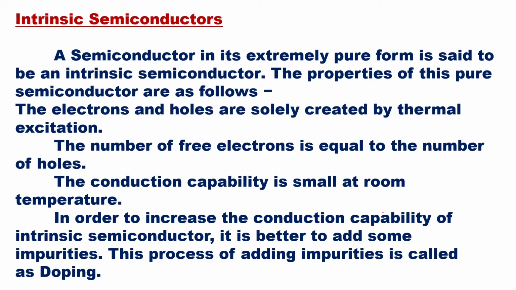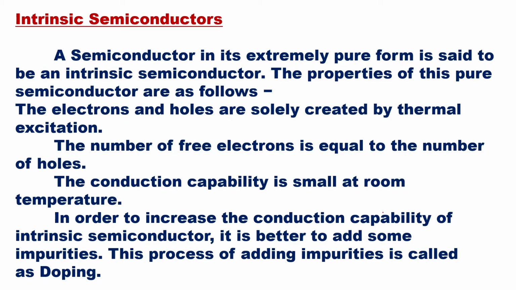Therefore, to increase its conductivity, to increase its ability to flow current, we have to add some impurity to this intrinsic semiconductor. And this process of adding impurity is called doping.